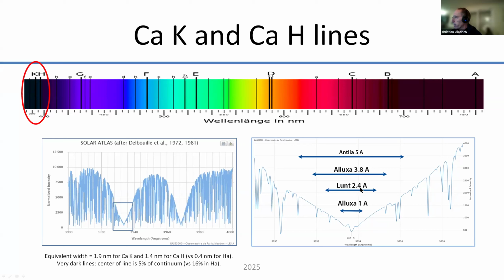Lund typically is 2.54. And there is another Alluxa filter, which is 1 angstrom. You can see that the bandpass of these filters is much larger than what is really interesting, which is the core of calcium K. So this is one of the issues.